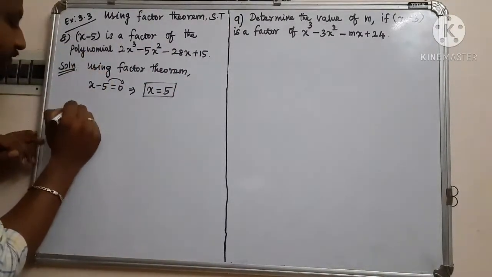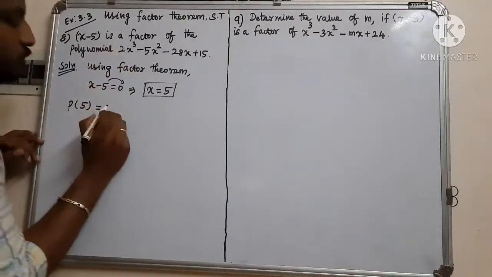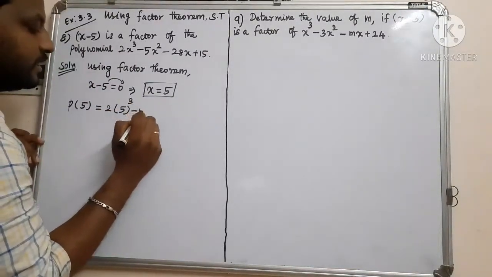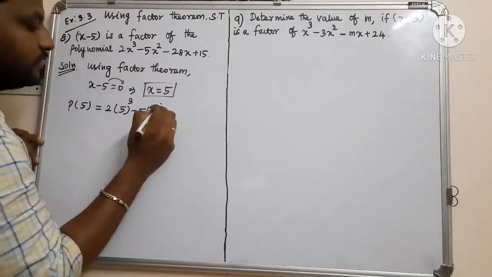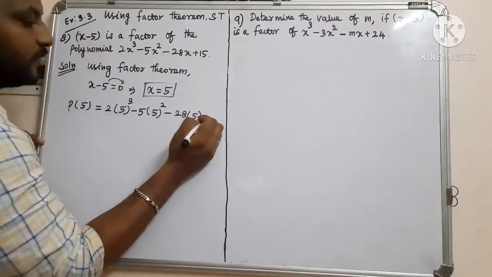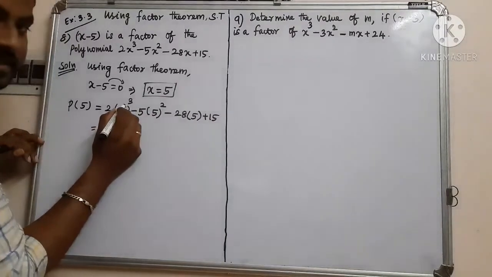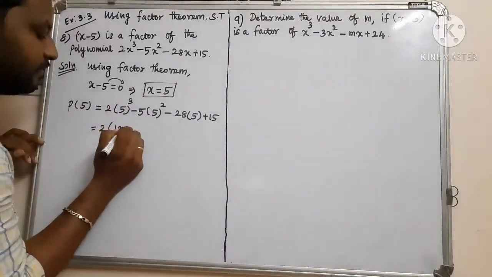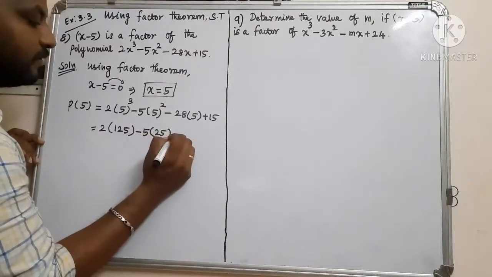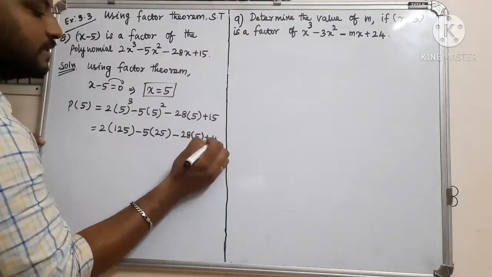So p of 5, which is equal to, so 2 into 5 cube minus 5 into 5 square minus 28 into 5 plus 15. So 2 into 5 cube is 5 5s are 25, 25 into 5 is 125, minus 5 into 5 5s are 25, minus 28 into 5, plus 15.